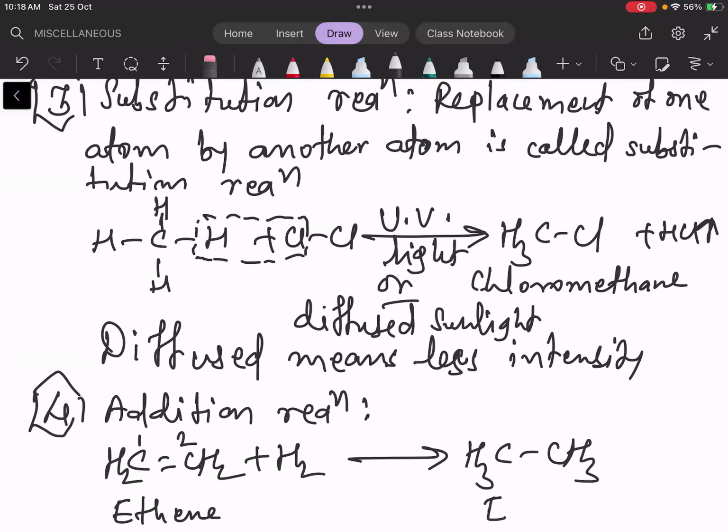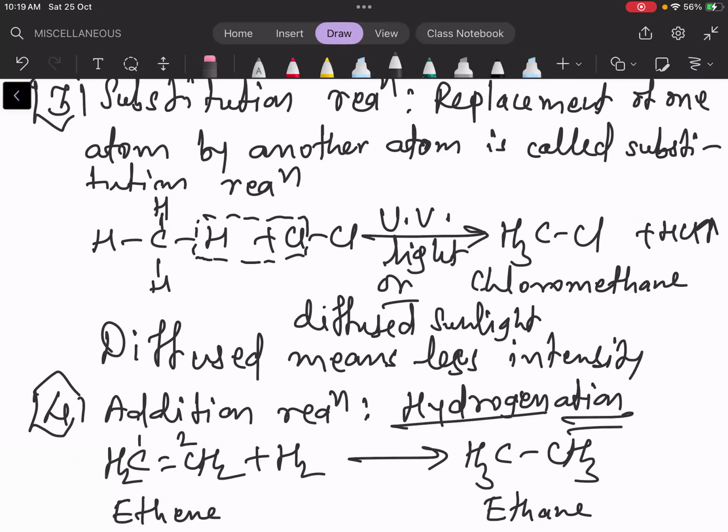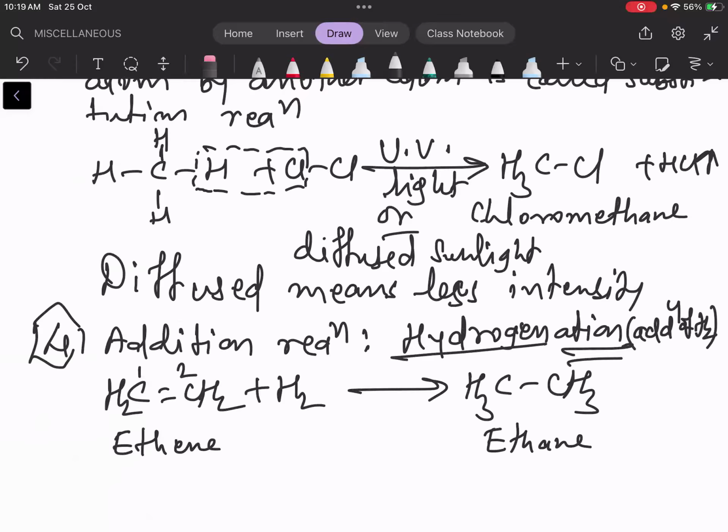That is ethane. And this reaction is also called hydrogenation. Hydrogen means hydrogen, ation means addition. So it involves addition of hydrogen.